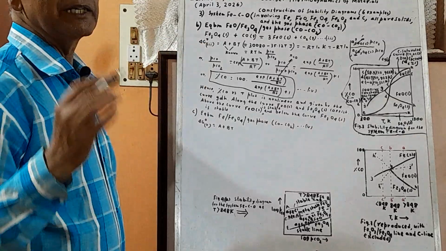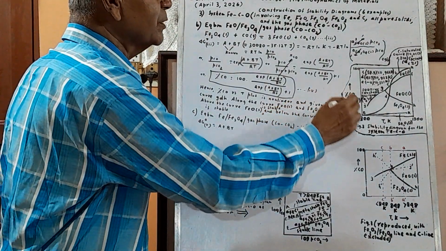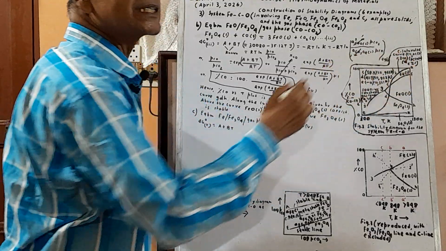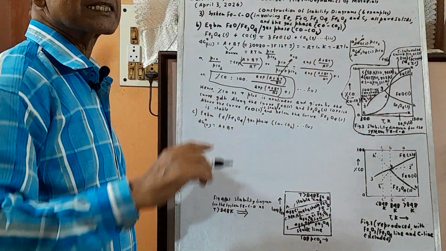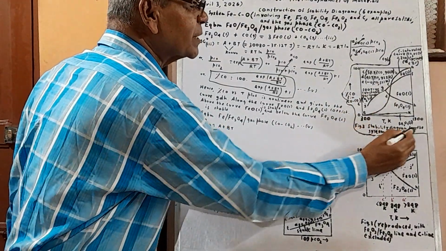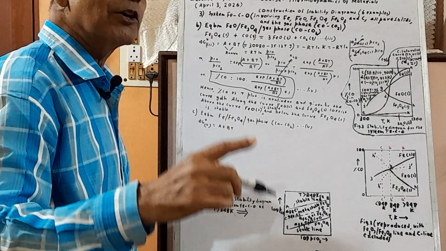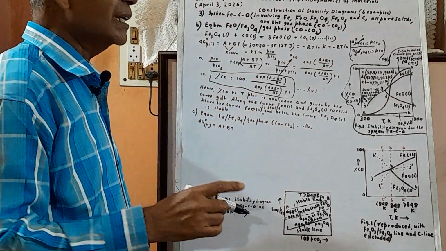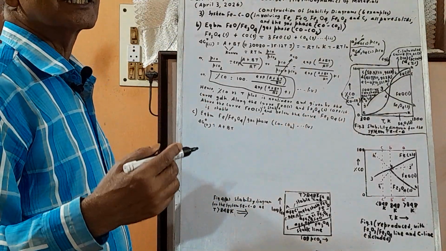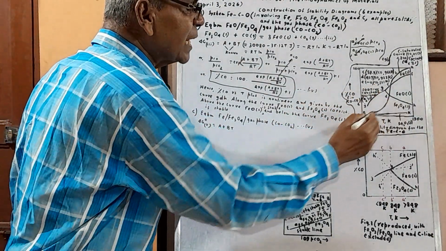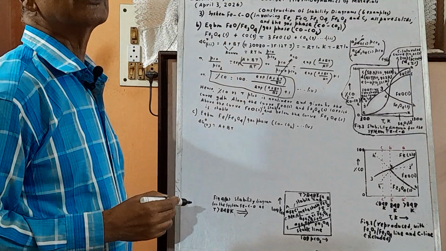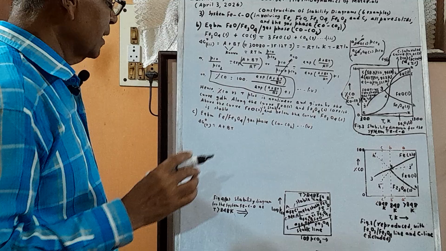You can very easily verify why this happened: as temperature increases, the equilibrium percentage CO will increase in these exothermic cases, like here and also here. But in this case, the opposite: percentage CO will decrease as temperature increases. Reason? This is not exothermic, this is an endothermic reaction. So very easy, you can follow.